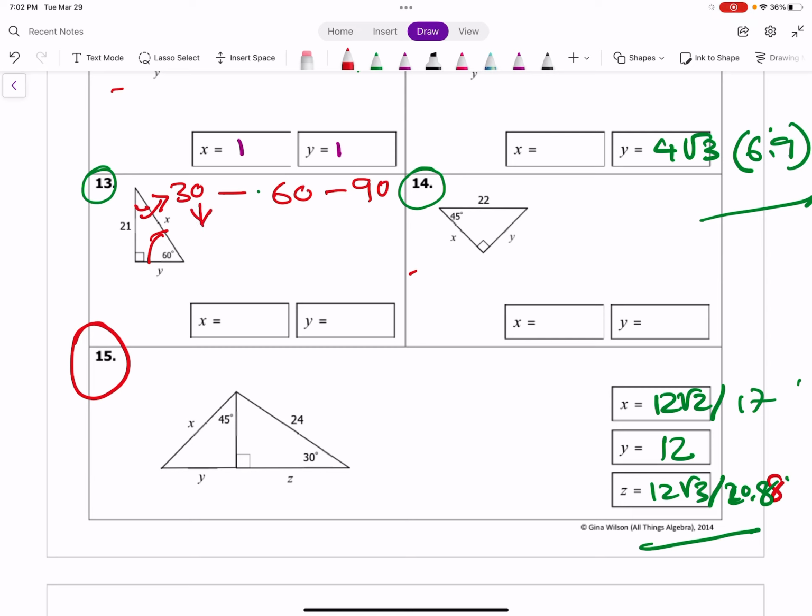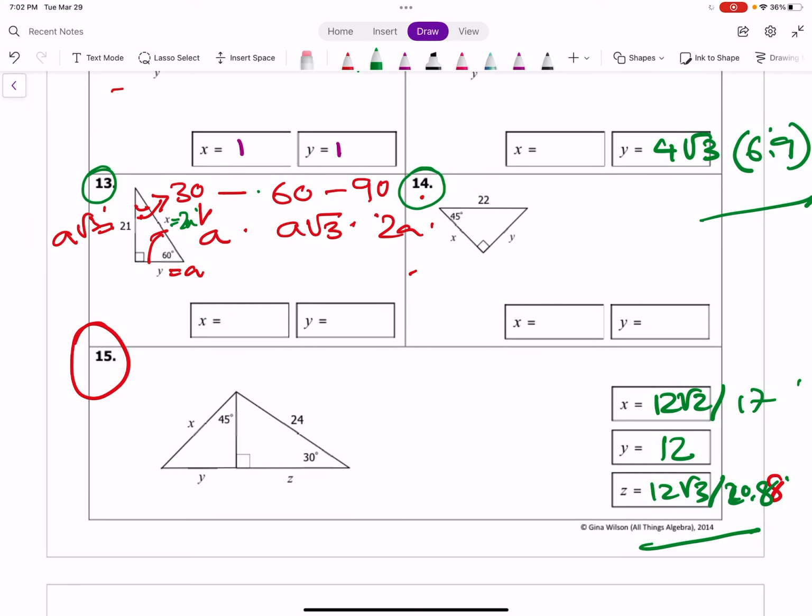If opposite 30 is A, then opposite of 60 should be A radical 3, and opposite 90 should be 2A. Let me write that with another color.